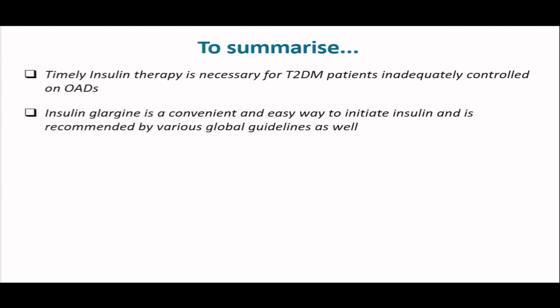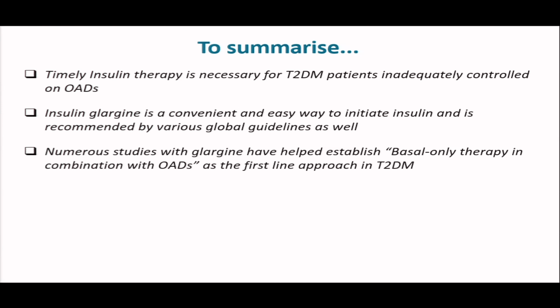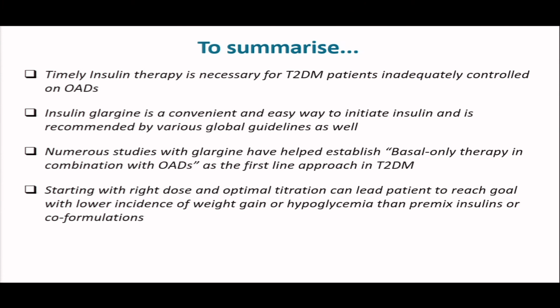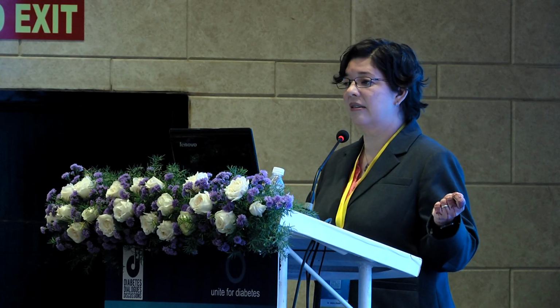And in terms of the insulin classes, basal insulin is the class that's associated with the least incidence of hypoglycemia. Numerous studies with glargine have helped to establish a basal-only therapy in combination with orals as a first-line approach to type 2 diabetes. Starting with the right dose and optimal titration can lead patients to reach goal with lower incidence of weight gain or hypo than other insulins, in particular premixes.